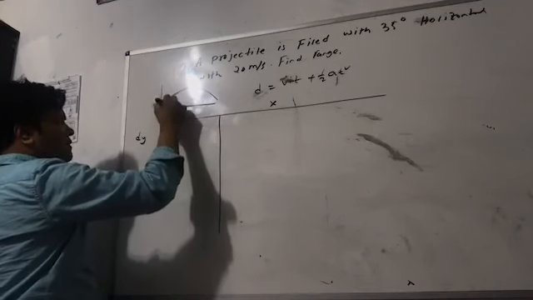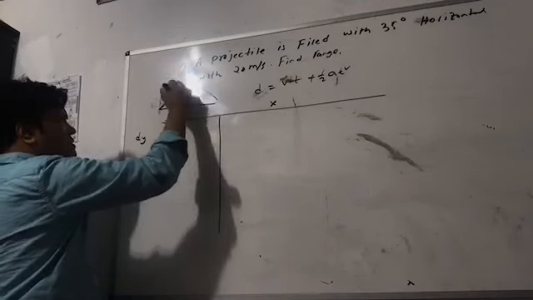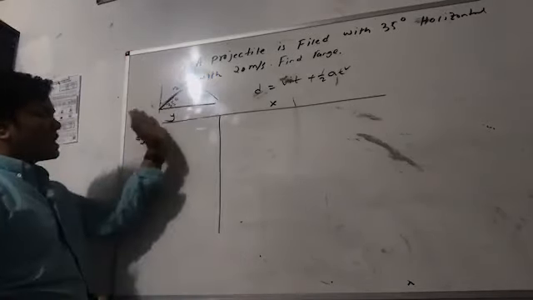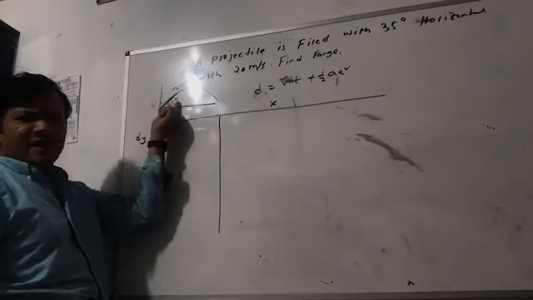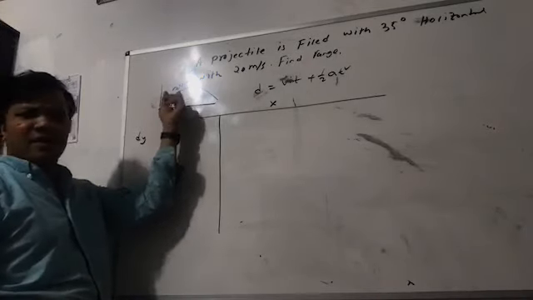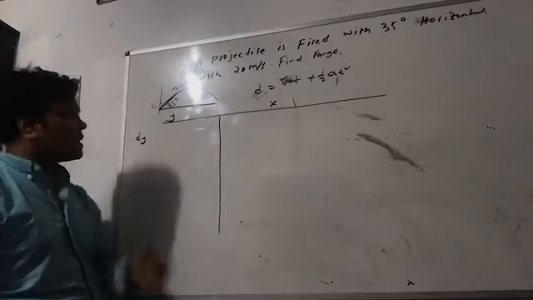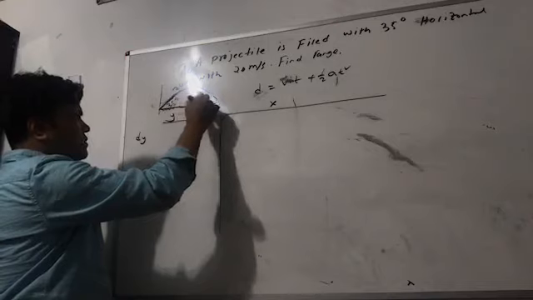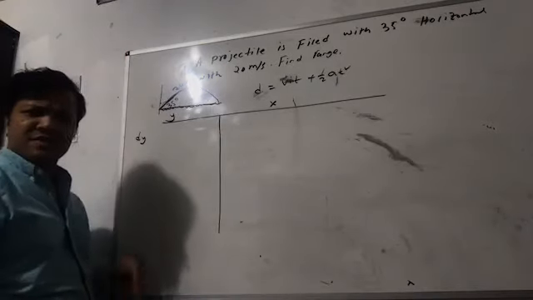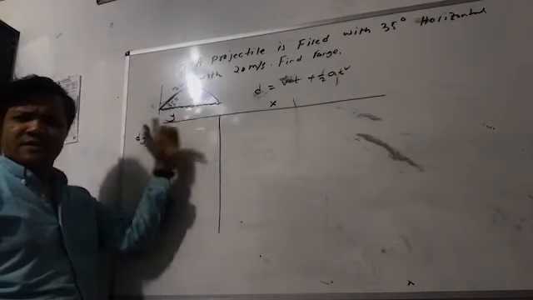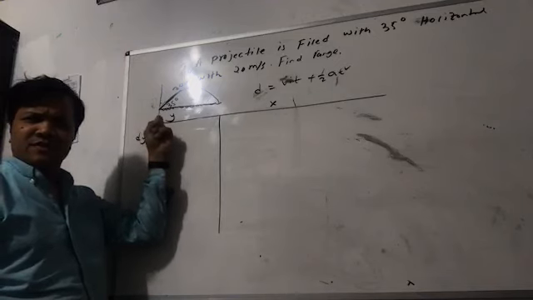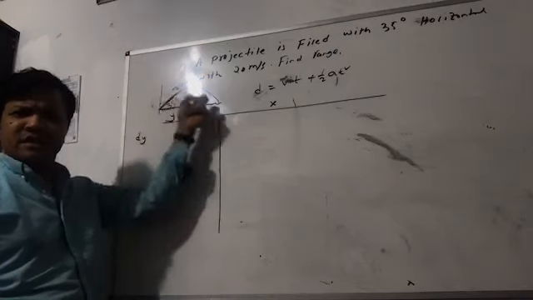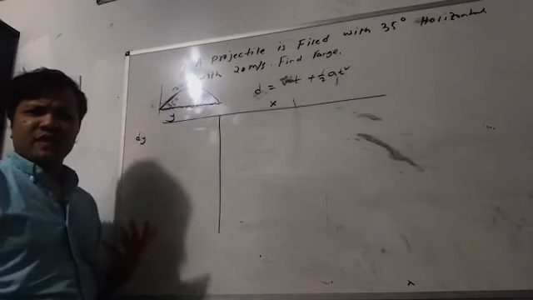This is the 35 degrees, and this is 20 meters per second. Now, the range is this one. This is what we try to find, the range. The range is how far it has landed from the origin. It was fired right here and it landed right here. So we try to find the range.